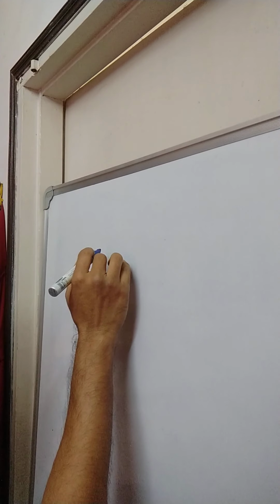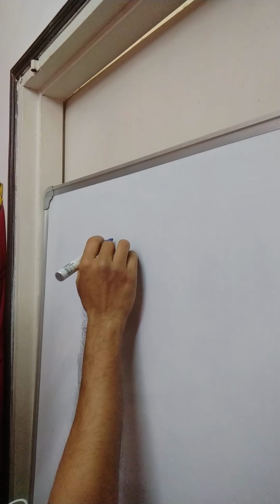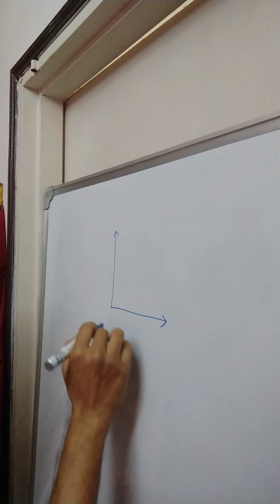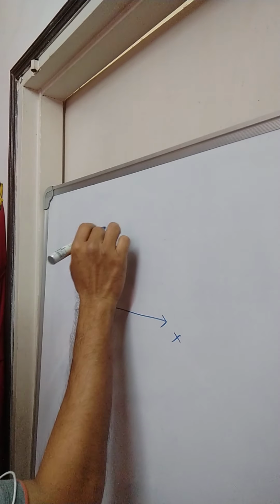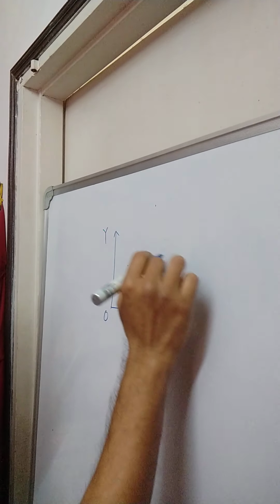Let us do a bit of geometry. Let us assume that we have a quadrilateral in a two-dimensional plane.